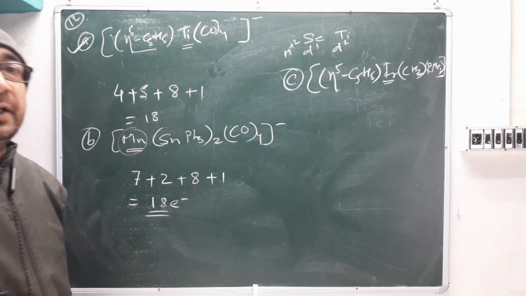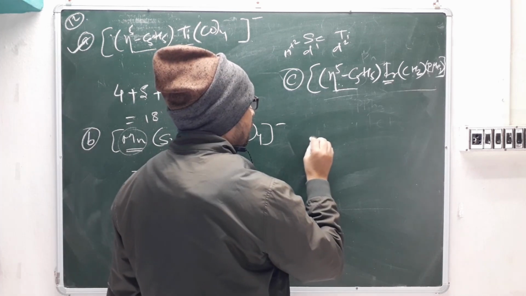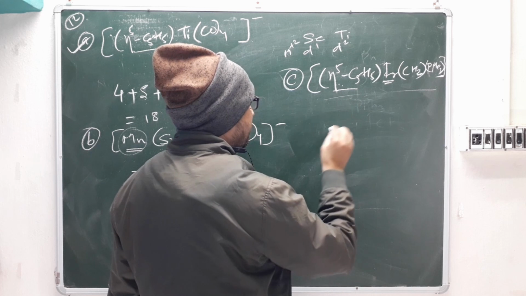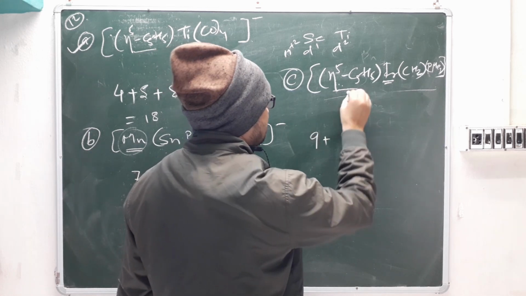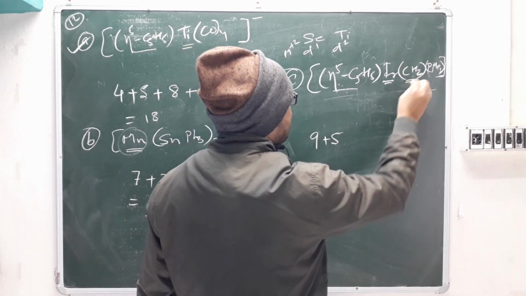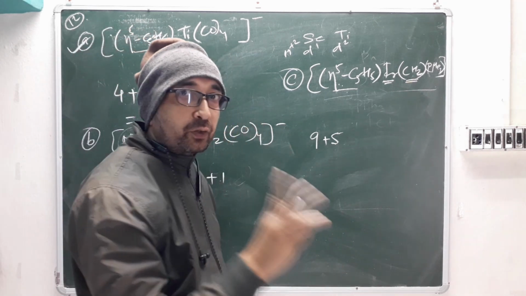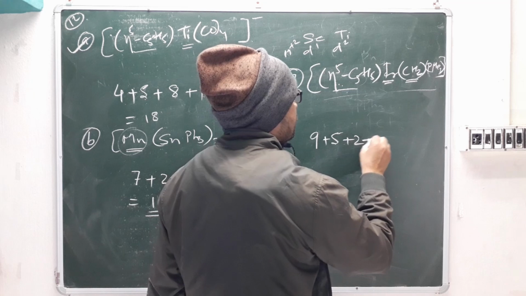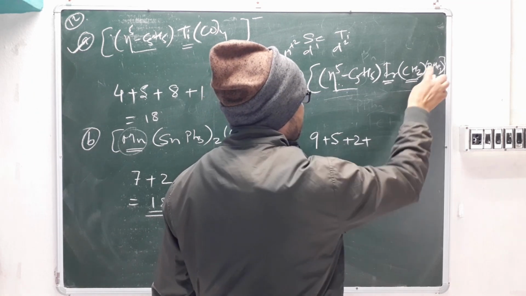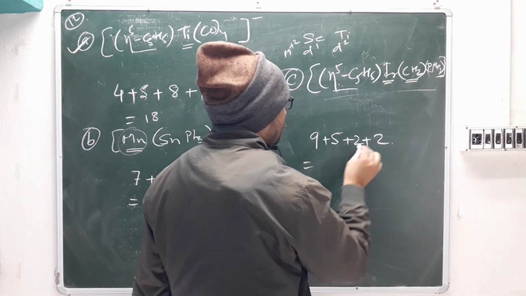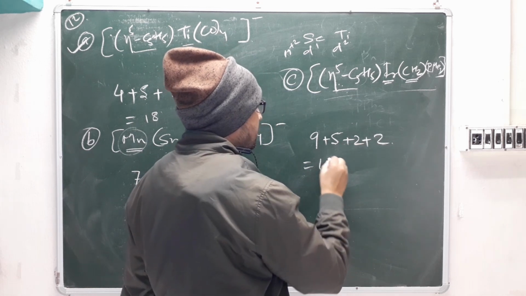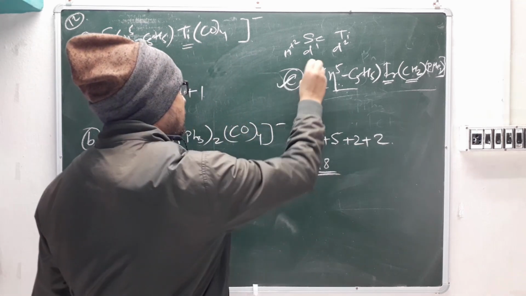Cobalt, rhodium, iridium, so it will be group 9. So 9 plus this 5, and this is not CH3. If it is CH3, 1 electron it will contribute. It is CH2, which means 2 electrons it is contributing, right? So plus 2, and plus this lone pair contributing from phosphorus, so it will be 2. So 2, 2, 4, and 5, 9, and 9, 18. So this is also obeying the 18 electron rule.